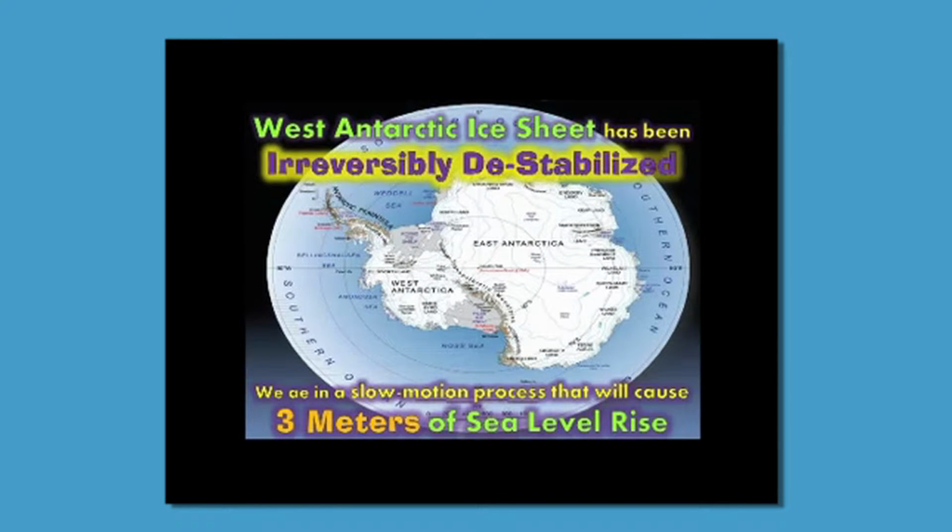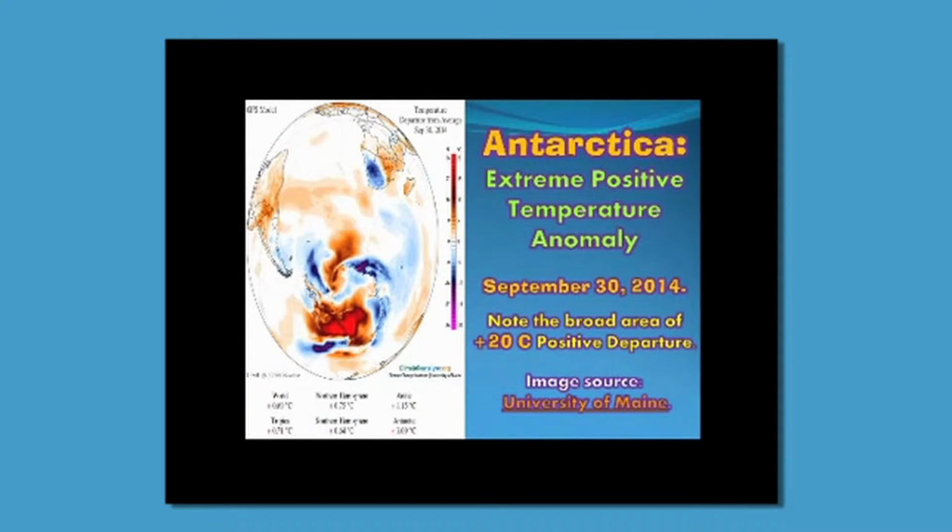It's a matter of time. So we're in a slow motion process from this destabilization of West Antarctica, and we will find that ultimately West Antarctica is going to result in 3 meters of sea level rise.